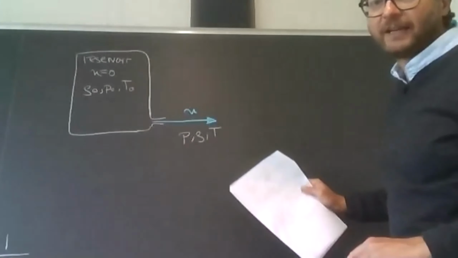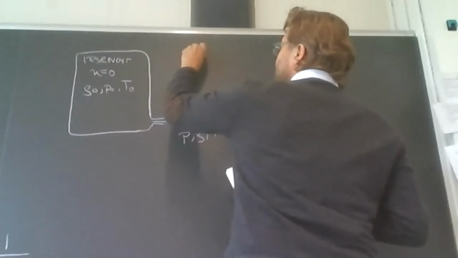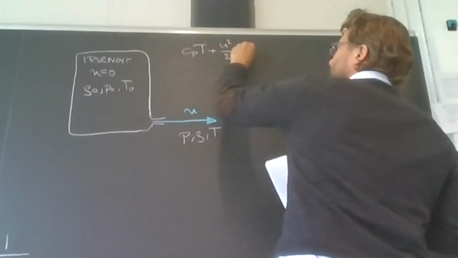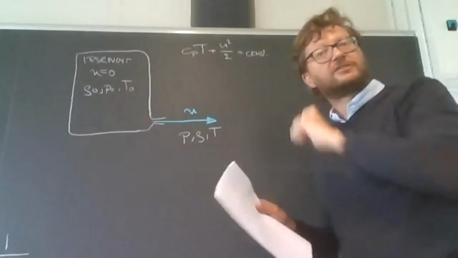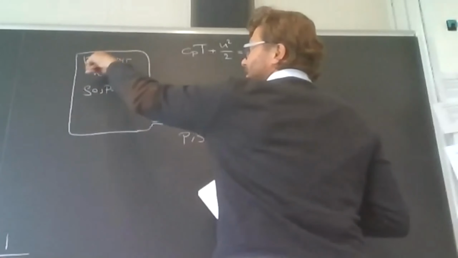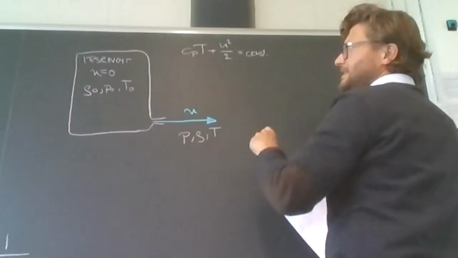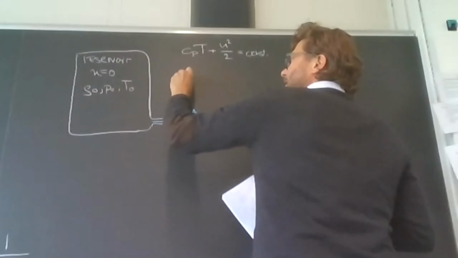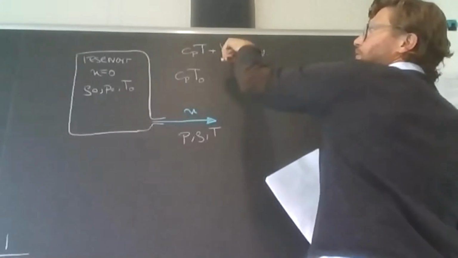So energy conservation tells us that Cp times T plus u squared over 2 is constant. This is the law of energy conservation. For this configuration, this means that the energy here must be equal to the energy in this state. So what is the energy in the reservoir? It's Cp times T naught plus u squared over 2.